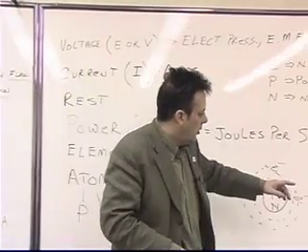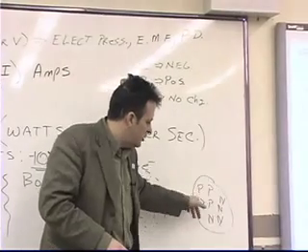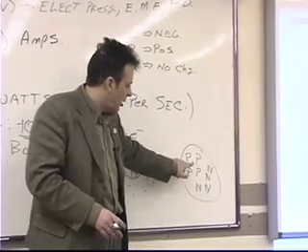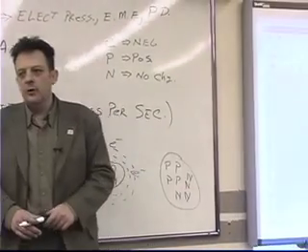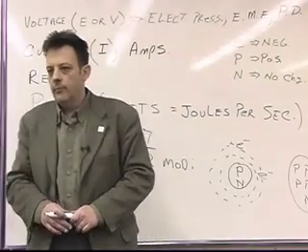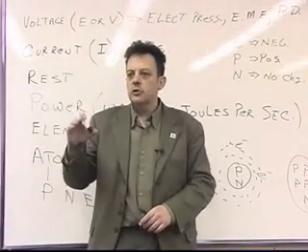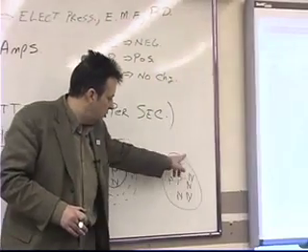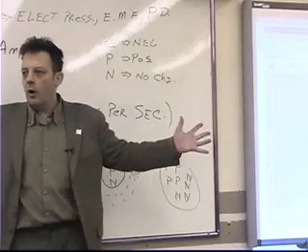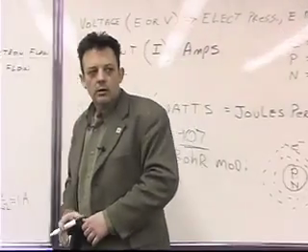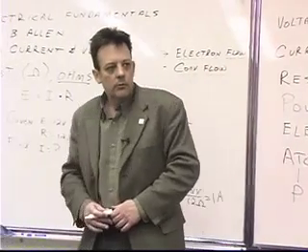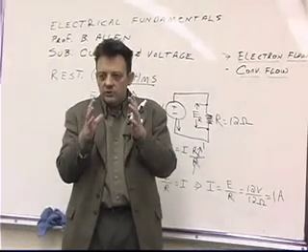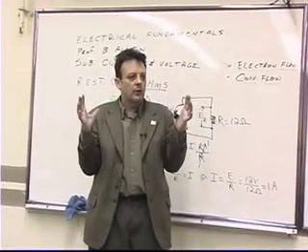Okay, so what about inside the nucleus of this atom right here? The only thing that we have are protons and neutrons, according to the Bohr model of the atom. Well, if like charges repel, then what is it that's keeping this nucleus from blowing apart? The law of repulsion says that if like charges start getting real close together, they repel each other.